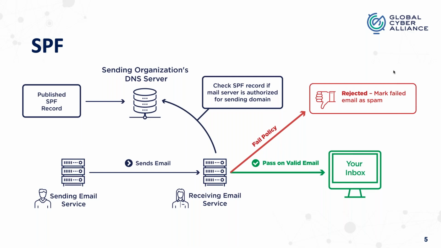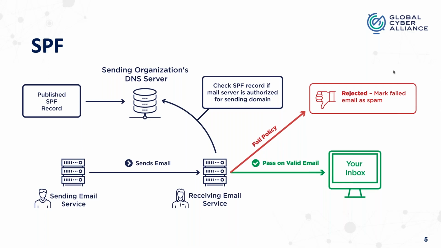If it fails your SPF, then it's going to be considered a failed message. It marks the message as failed, but SPF doesn't say what exactly to do with the message. It's just marking it as failed. So the receiving side that has SPF verification turned on has to decide what to do with the failed message.